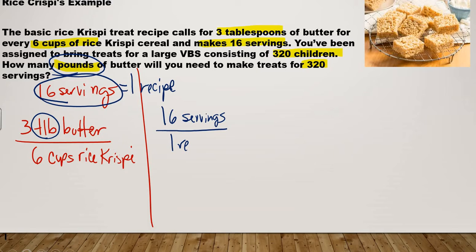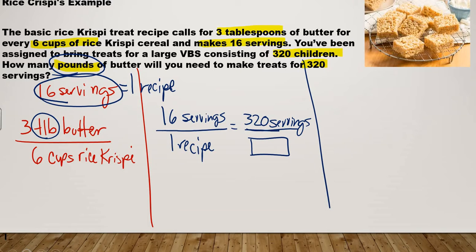Now I know you can do this in your head, but I'm just showing you how we do it in formal math. And I need 320 servings. And I need to know how many recipes am I making.